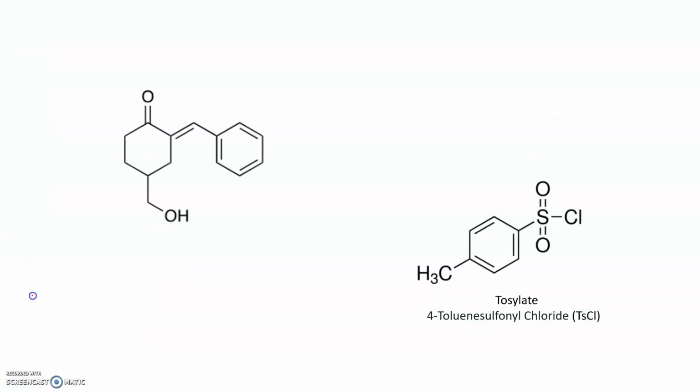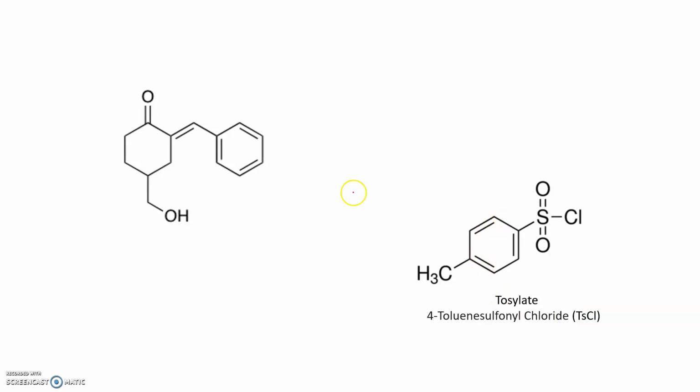So, get my pen. On the left here we have our starting material. Essentially what is important is this alcohol group right here. And on our right we have our tosylate, specifically the 4-toluene sulfonyl chloride, or TsCl for short.